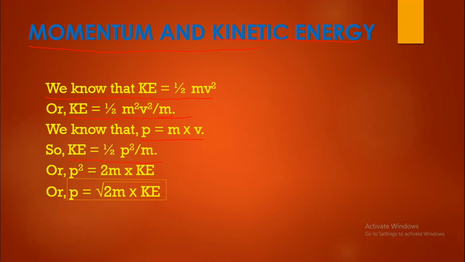We can write this as P square is equal to 2m into KE, or P is equal to under root of 2m into KE. By this we will get another formula of momentum. This was important, the relation between momentum and kinetic energy. So let's move ahead.